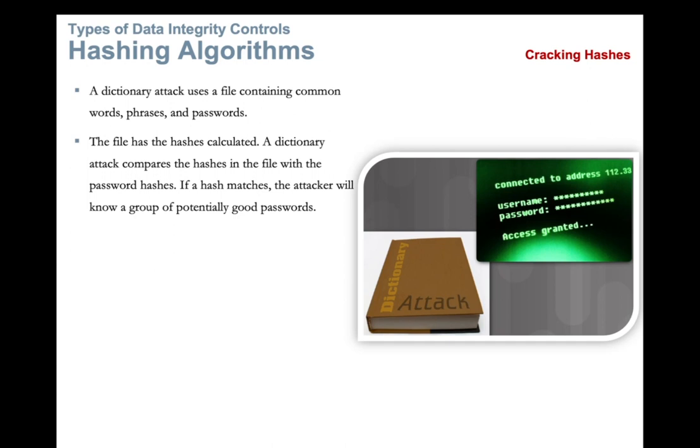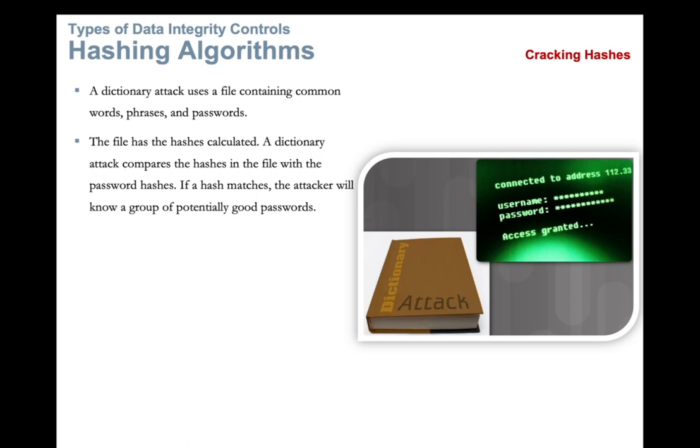A dictionary attack uses a file containing common words, common phrases, and passwords. The file has the hashes calculated. A dictionary attack compares the hashes in the file with the password hashes. If a hash matches, the attacker will know a group of potential good passwords.